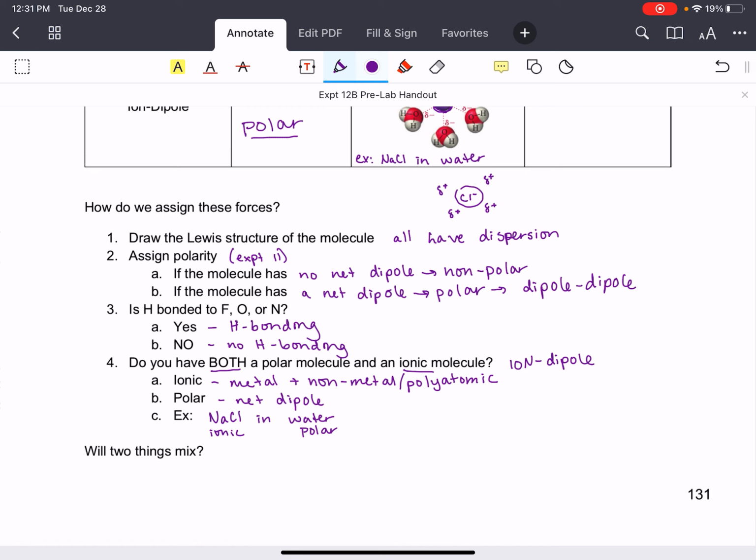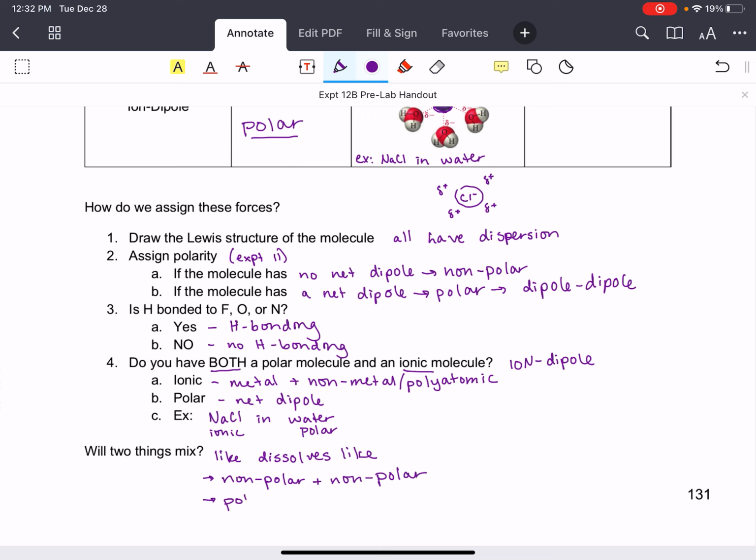Another part of this experiment is deciding whether two substances will mix together or whether one will dissolve in another. For this to happen, we know that like dissolves like, meaning they have to have similar intermolecular forces. Something nonpolar with only dispersion forces will dissolve in something nonpolar, again with only dispersion forces.